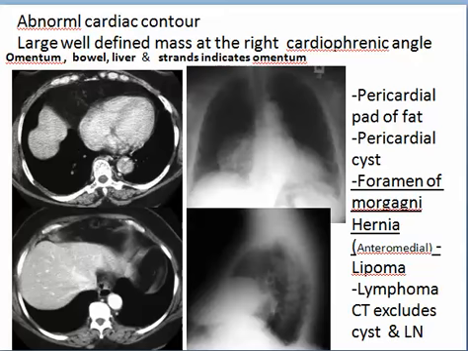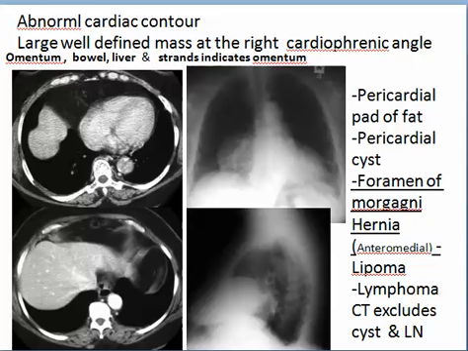Could be a pericardial bed of fat or pericardial cyst, or foramen of Morgagni hernia, as it is anterior. Again, lipoma, lymphoma. CT can exclude cysts and lymph nodes.